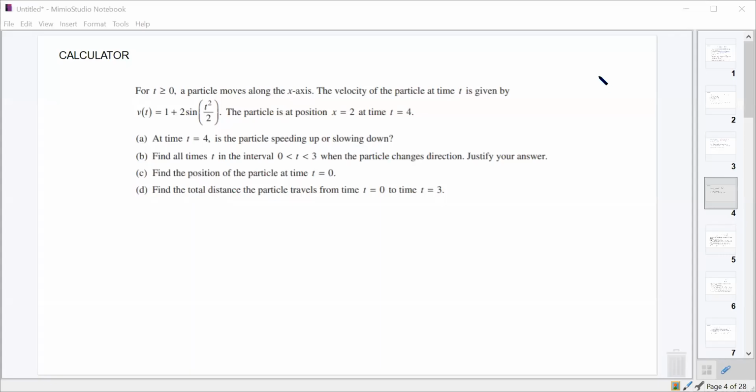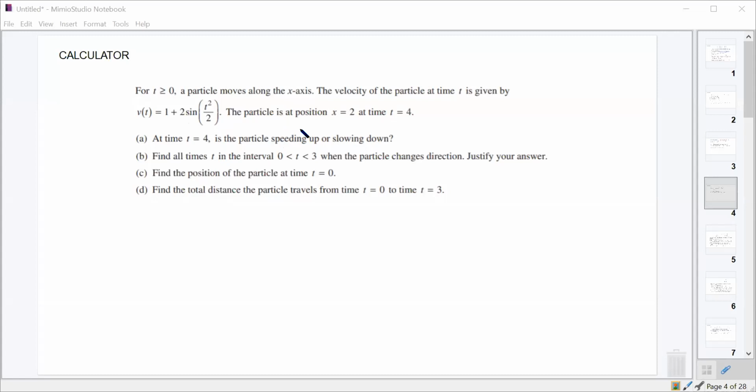All right, for t greater than or equal to 0, we have a particle moving along the x-axis. We're given its velocity and its position at t equals 4. We want to know, is the particle speeding up or slowing down at t equals 4? Speed is increasing if the derivative of speed is positive, but the derivative of speed is annoying to find.